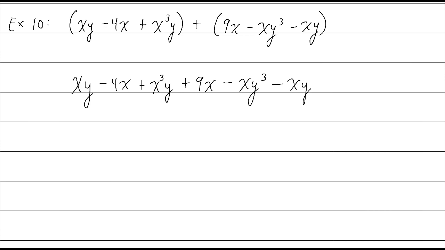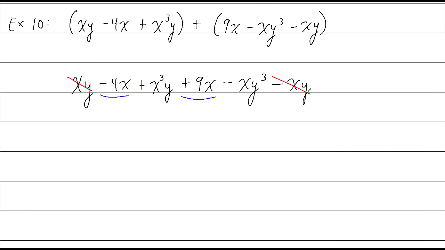Okay, so like terms. I do see some. xy minus xy, those cancel out. That's great, gone. All right, what else is left? How about this negative 4x and this positive 9x?